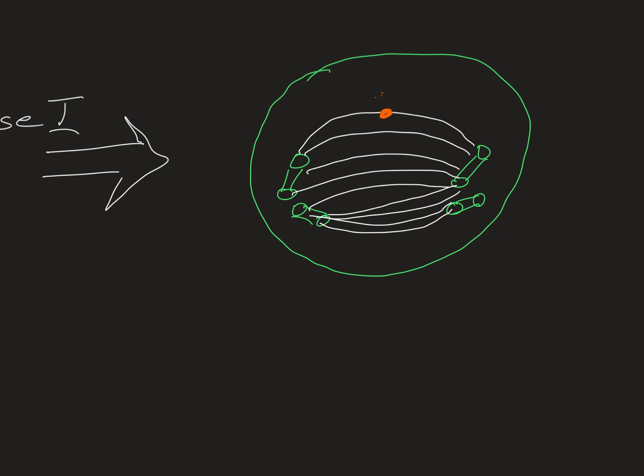Their kinetochore, the center that connects them, is going to connect to the spindle fibers. And the sister chromatids are identical, and they are going to line up. Again, I'm only drawing one set. This is going to happen with 23.